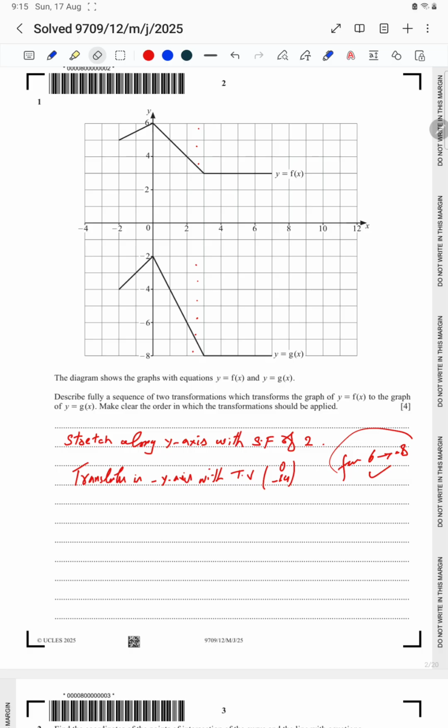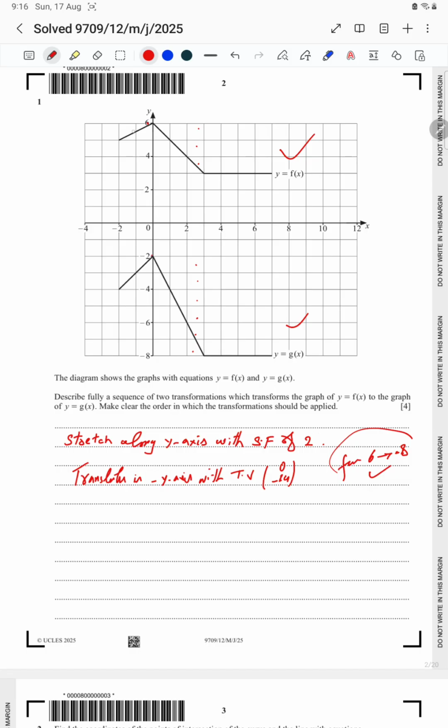First we can see the figure shows a stretch from f of x, from here to here. That is a stretch along the y-axis, because from 6 to 2, and this has been done with a stretch factor of 2.